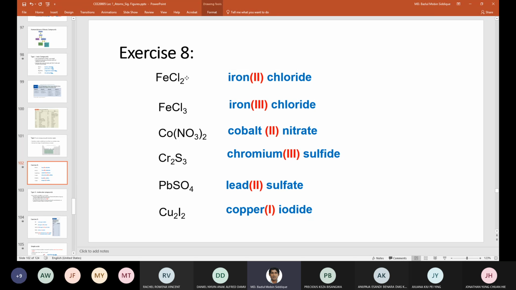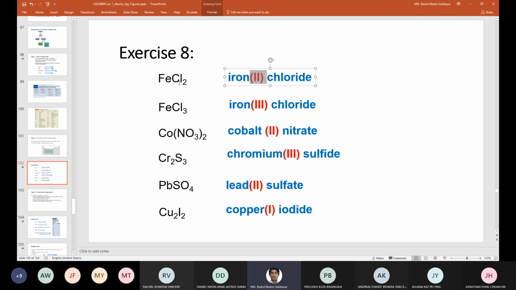And of course the chlorine is a non-metal, so the ide will be added at the end of its name, because chlorine is from the non-metal. So ide is added, but for iron we have to show that it is a 2 oxidation state.